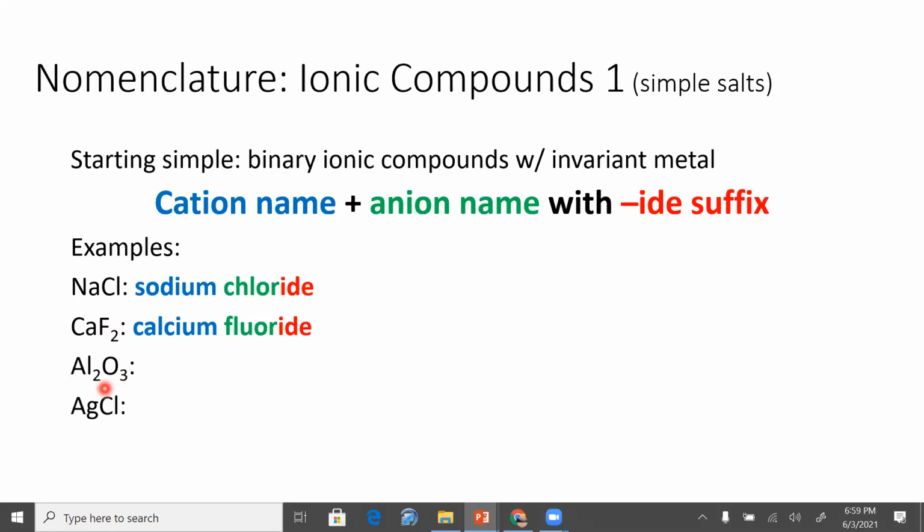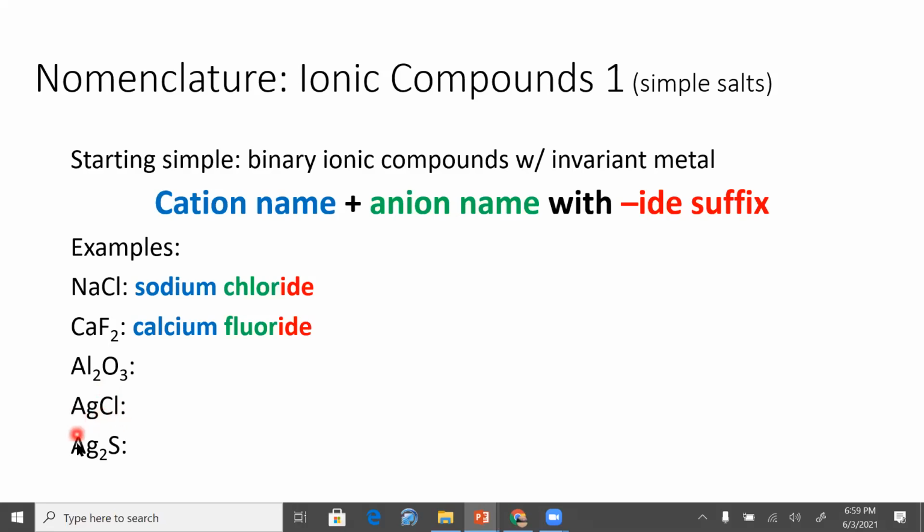And then we've got AgCl. What would that name be? And then we've got Ag2S. What would that be? Okay, good. I agree. The first one's aluminum oxide. Good. Yep, I agree that the second one is silver chloride.